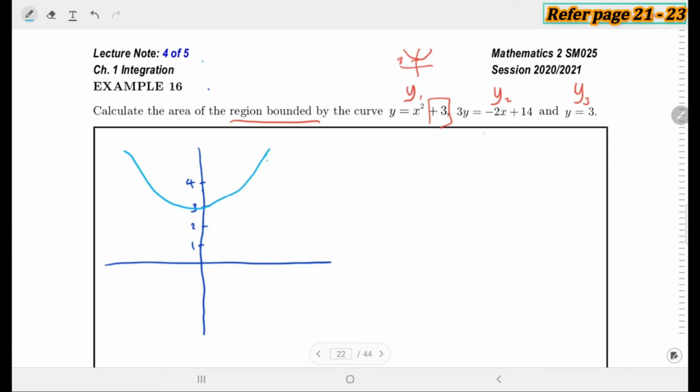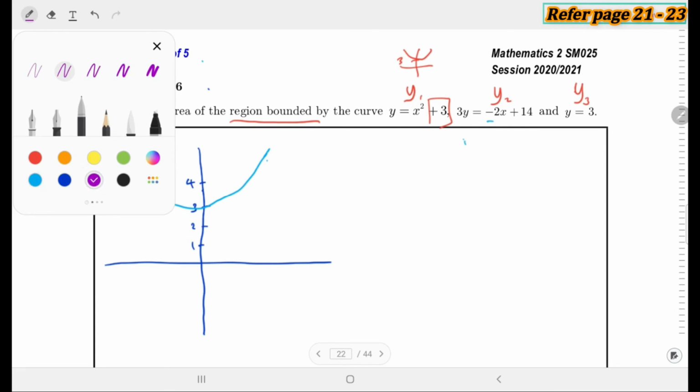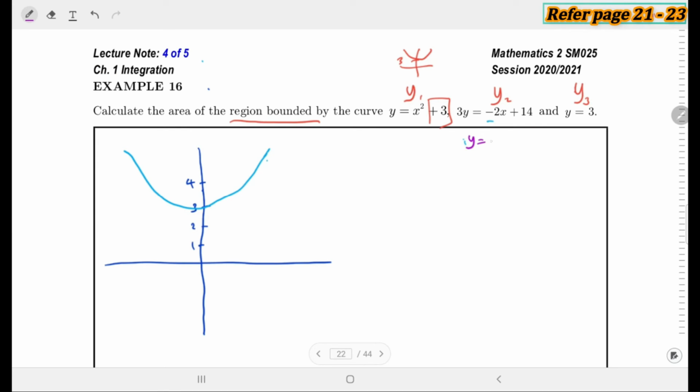Next, this graph will have a negative gradient, and then the y-intercept, use the purple color. So y equals negative 2 over 3 x plus 14 over 3. So we know the intercept will be at 14 over 3, that is about 4.7 something. Let's say here is 5. Just a simple sketching.